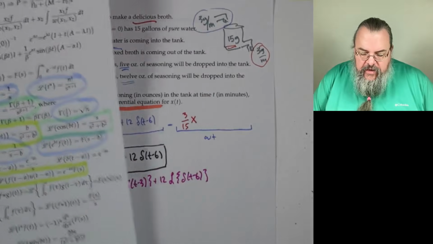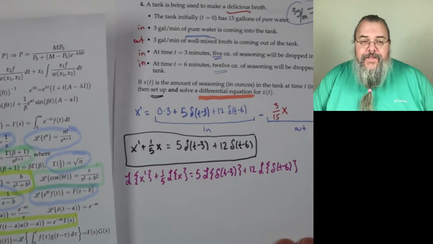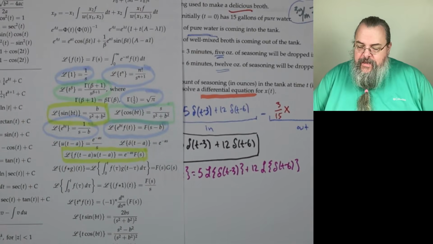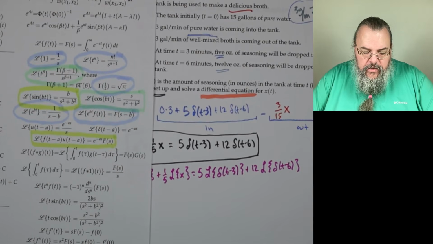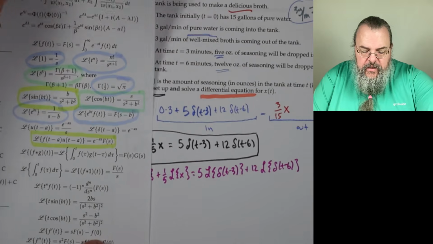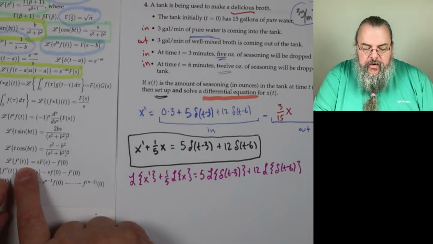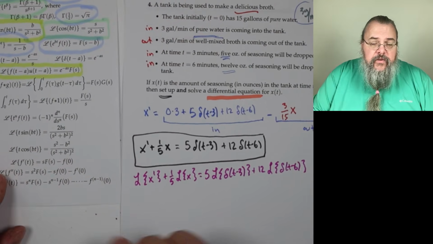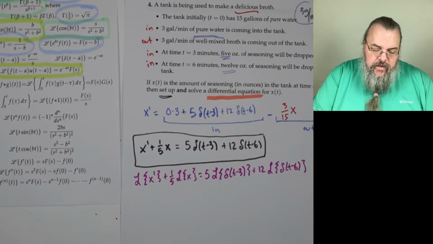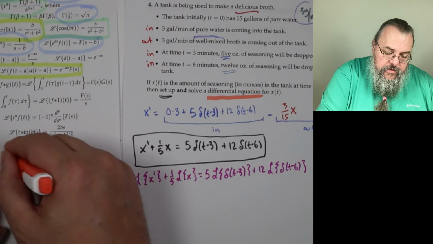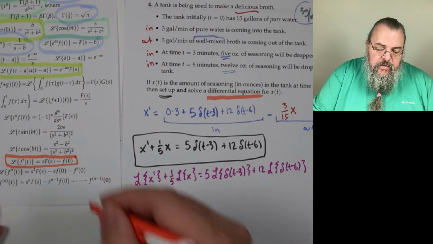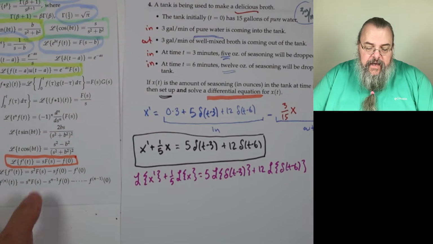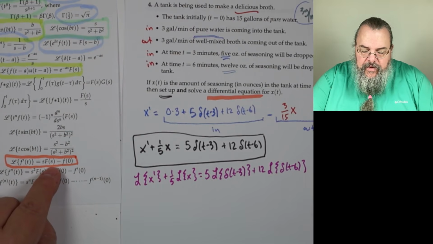Yes, it hasn't let us down so far, so let's see what we have on here that can help us. Well, here we're going to come to this part right here. The Laplace transform of the derivative is equal to what? Well, it's equal to s times F of s.